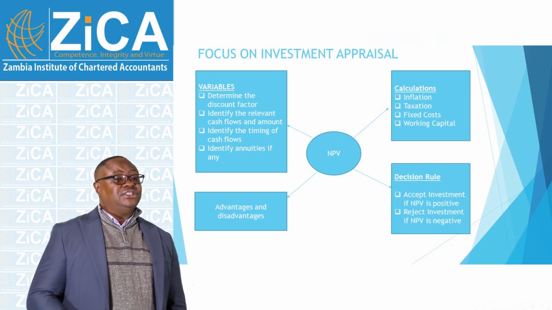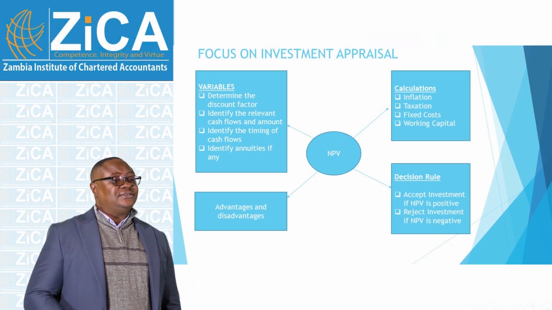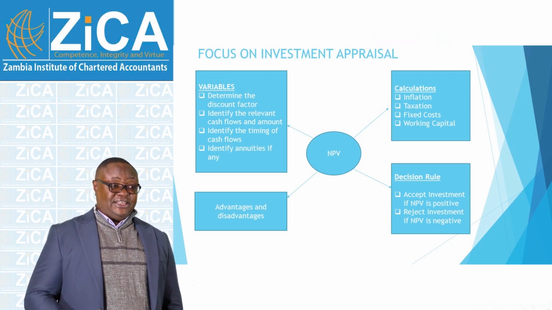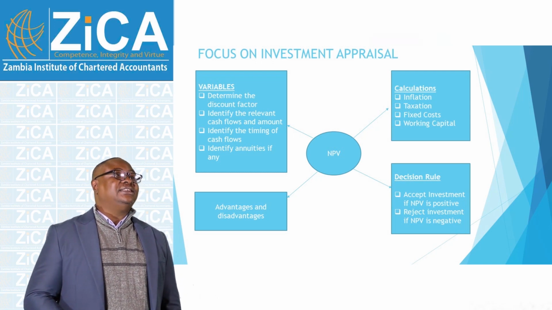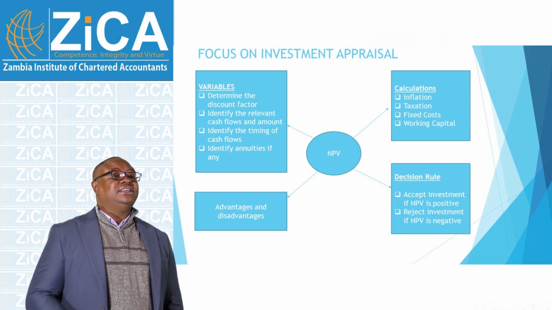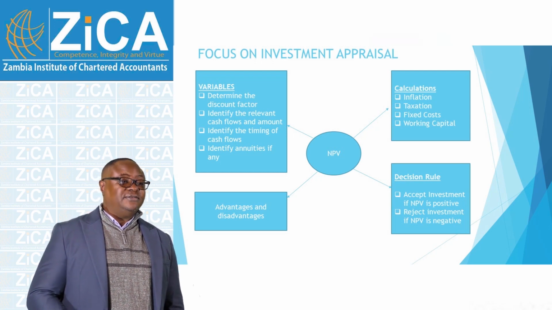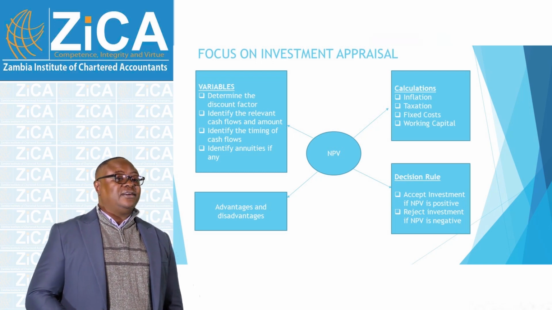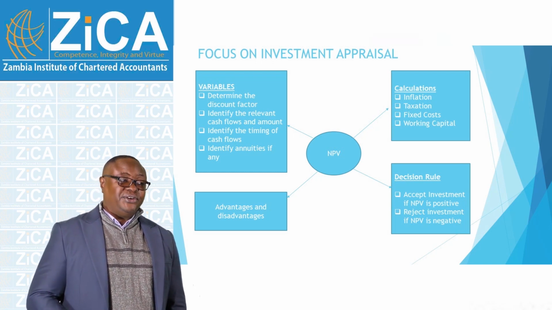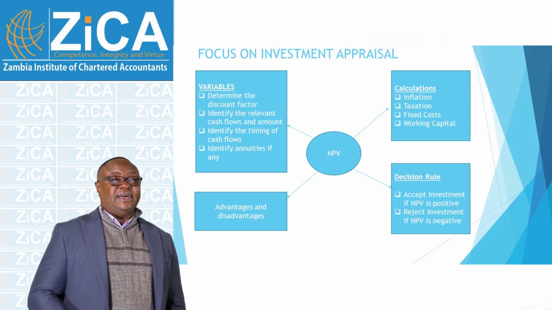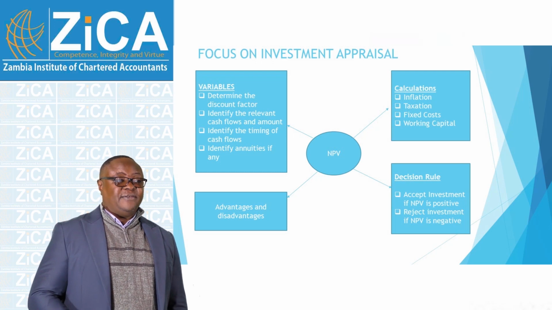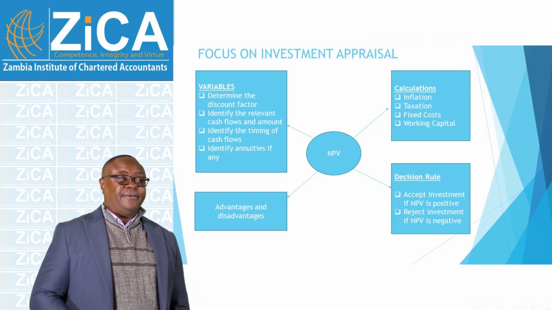Then you also need to know, are these cash flows annuities? Because this is also one of the areas that presents a challenge with the students. So once you identify the variables involved in an NPV question, then everything will be easy. I will show you in a short while the format that you may follow.